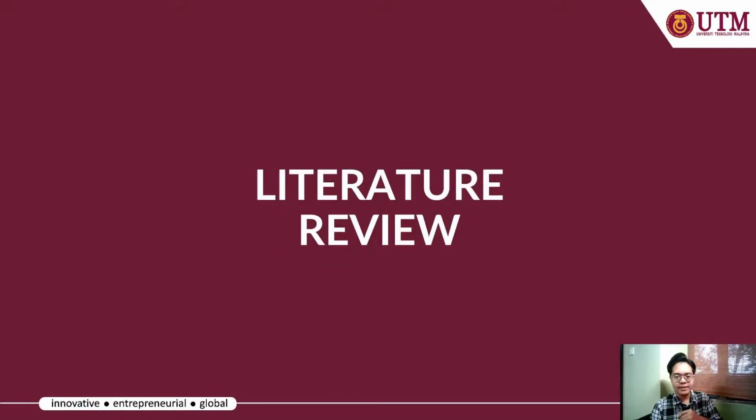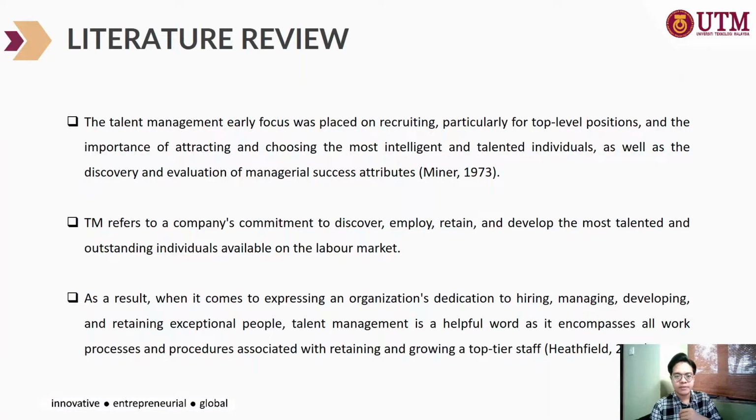For the literature review, talent management's early focus was placed on recruiting, particularly for top-level positions, and the importance of attracting and choosing the most intelligent and talented individuals, as well as the discovery and evaluation of managerial success attributes, by Miner 1973. Talent management refers to a company's commitment to discover, employ, retain and develop the most talented and outstanding individuals available on the labor market.